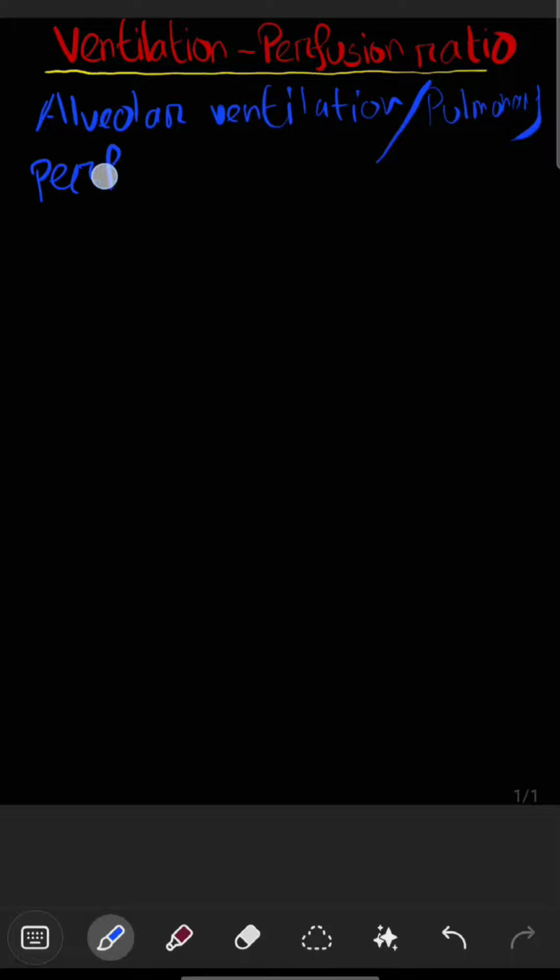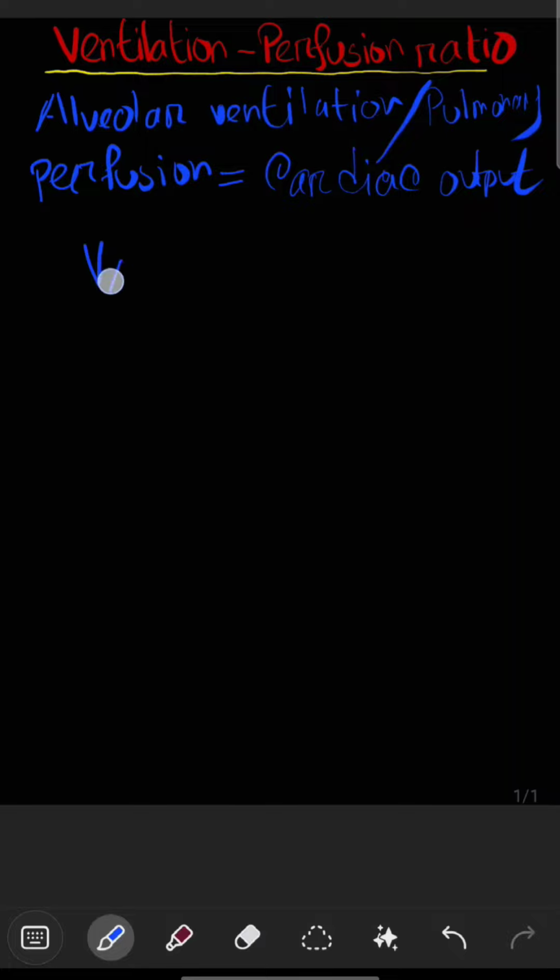Pulmonary perfusion can also be identified as cardiac output, so we can say that it is equal to cardiac output. So we can write alveolar ventilation as VA by pulmonary perfusion as Q.